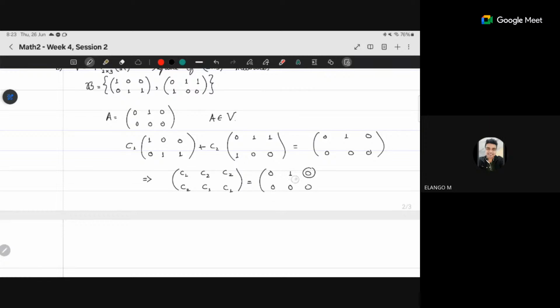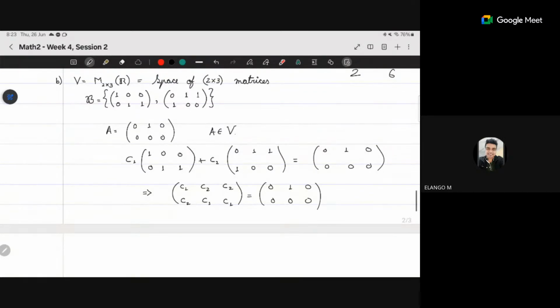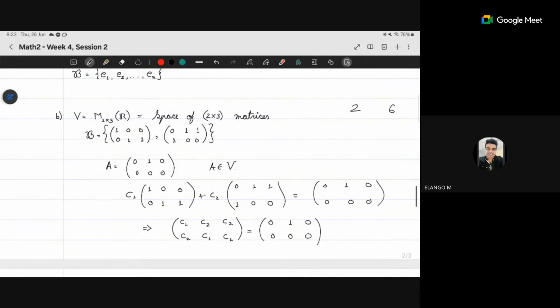It's not possible to express this as a linear combination of the given two vectors. So one of two statements is correct now: either this is not a basis, or this is not even a spanning set. That much is clear. So either the dimension is not 2 or you have chosen wrong matrices as the basis. Which is the correct statement?